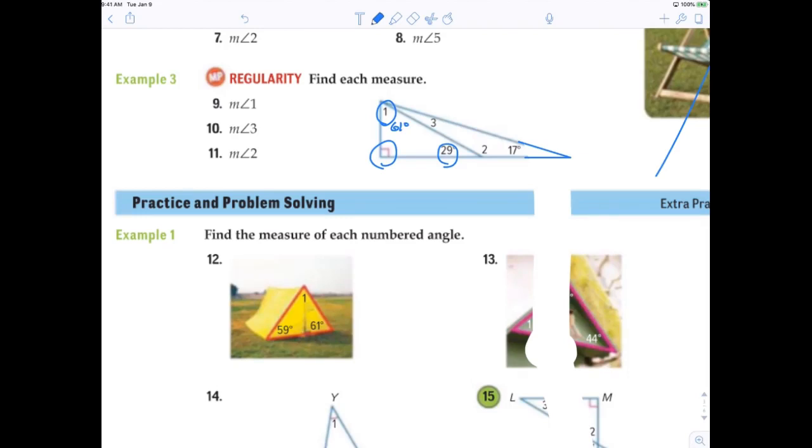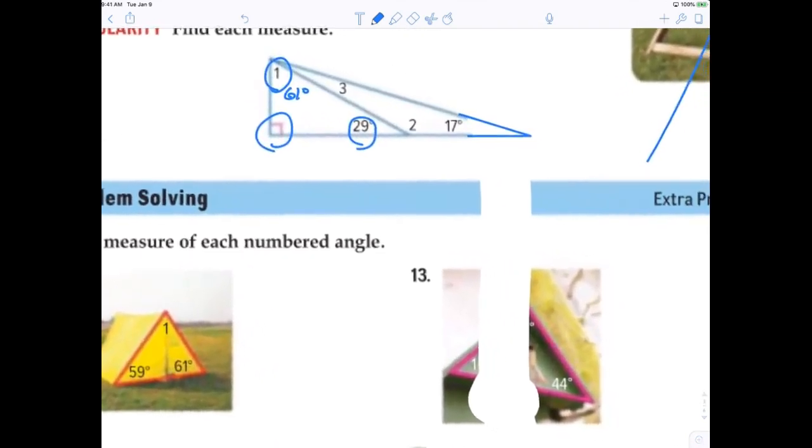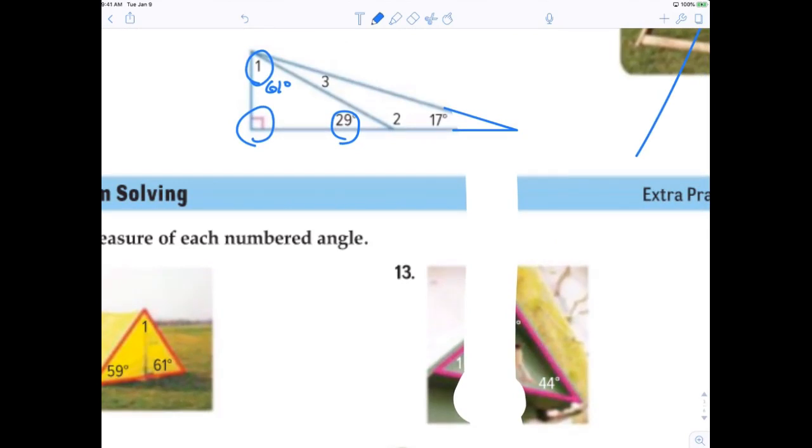All right, now obviously angle 2. What do you think, Ava? I want you to tell me how I would find angle 2. Put your hand down. She's brilliant.